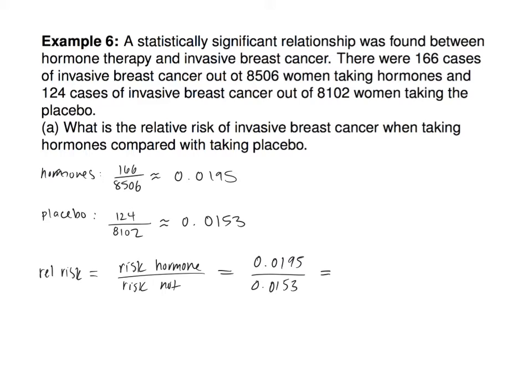I think I got 1.275. So if I just report that number, I say, oh my gosh, you're 1.275 times more likely to get breast cancer if you take this hormone therapy. Is that a bit misleading? Yes, because the risk isn't all that different, right?